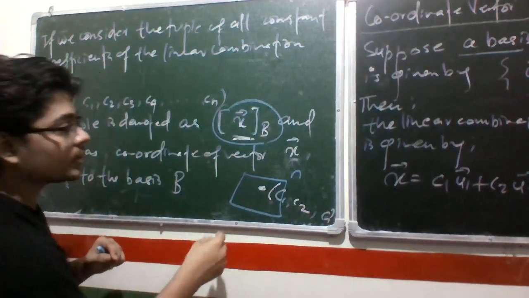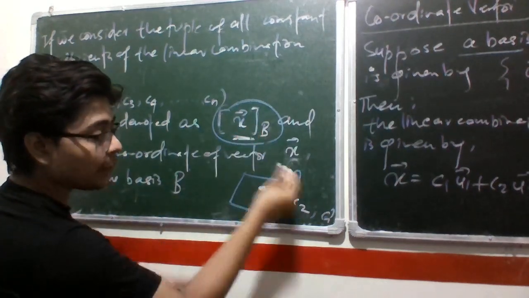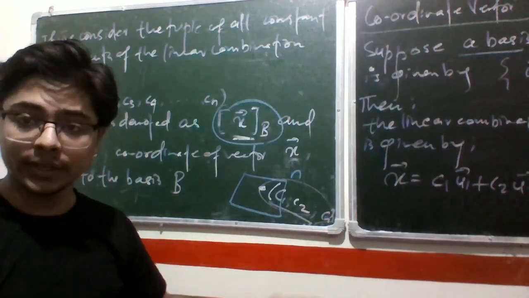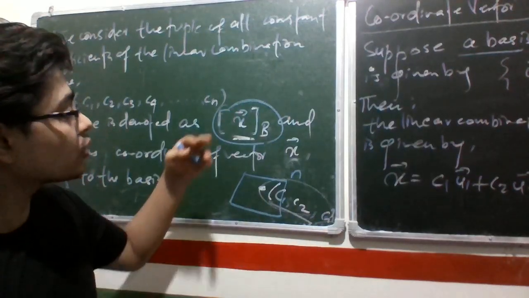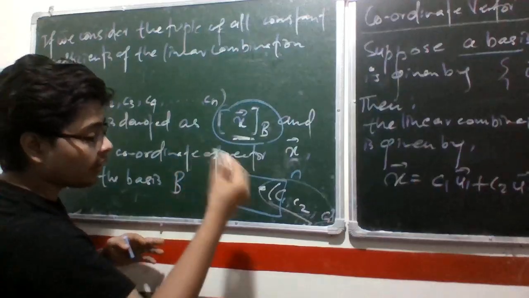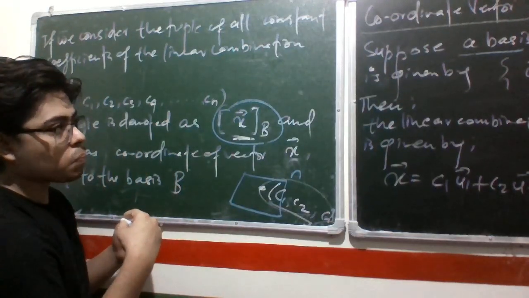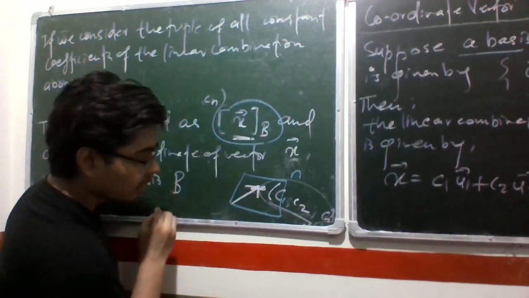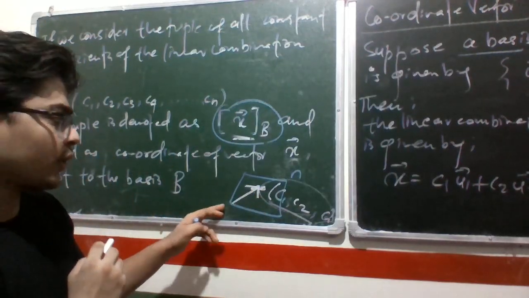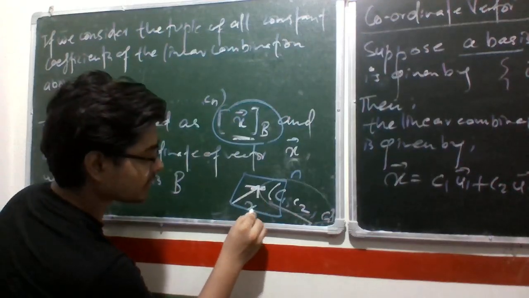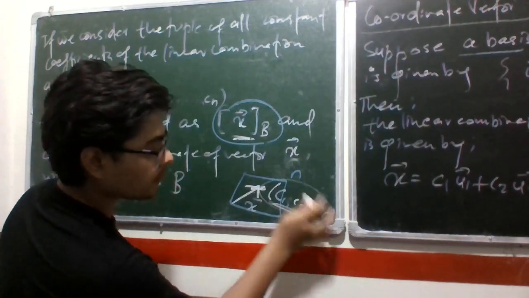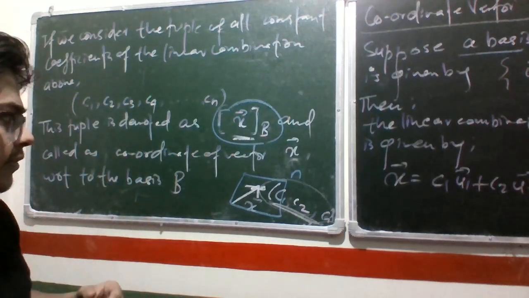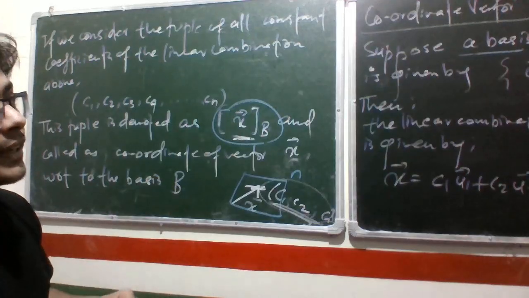So we can think of the coordinate of a vector as a point in the n-dimensional space denoted by these numbers of coordinates. That's why it is said to be a coordinate vector, or more technically we can say this is a vector, denoted as this, and this is an x vector which consists of these amount of coordinates. So I think this would be a proper geometrical description of this coordinate vector.